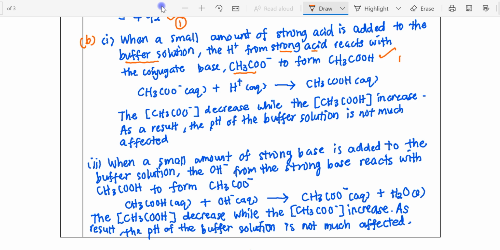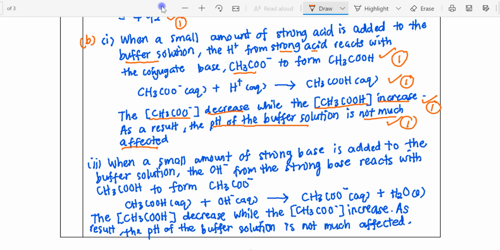This is 1 mark. Then you write the equation involved, another 1 mark. Next, the concentration of conjugate base will decrease, whereas the concentration of the weak acid will increase, 1 mark. And lastly, the pH of the buffer solution is not much affected. Just write it generally like this.